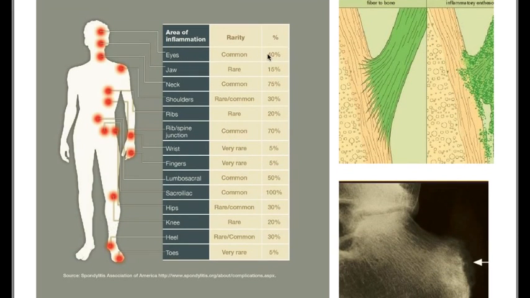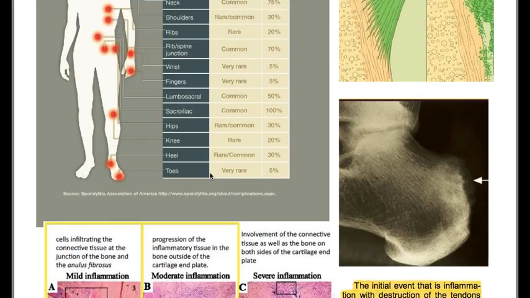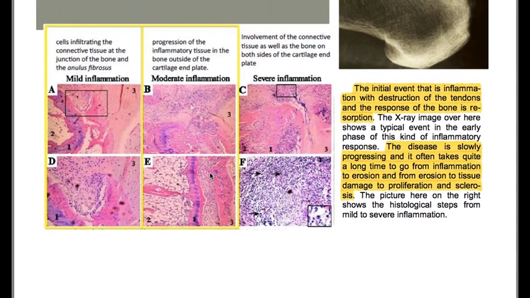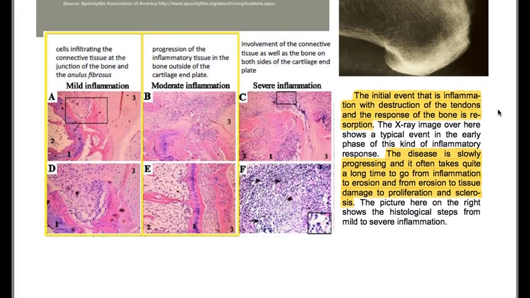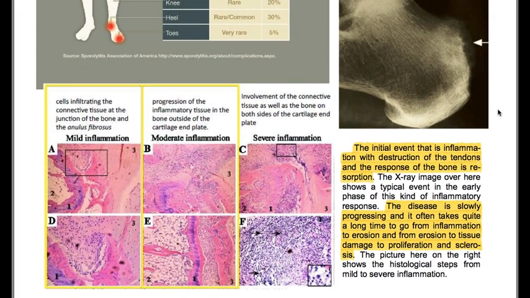The initial event is inflammation with destruction of the tendons, and the response of the bone is resorption. The X-ray image over here shows a typical event in the early phase of this kind of inflammatory response.